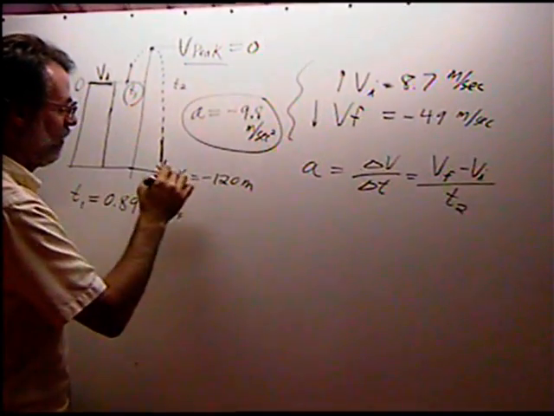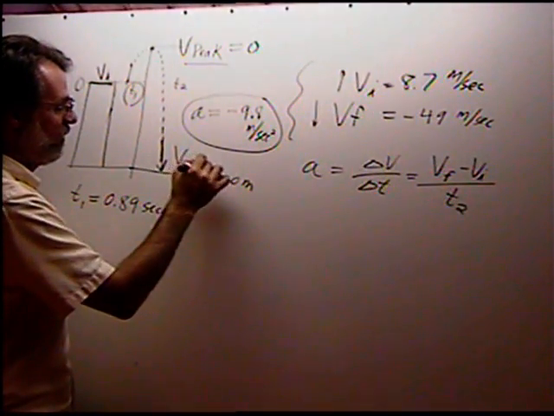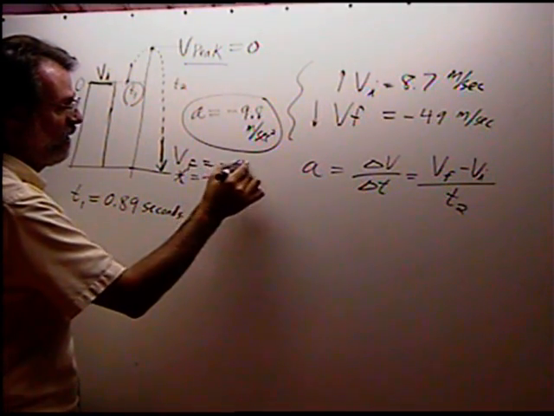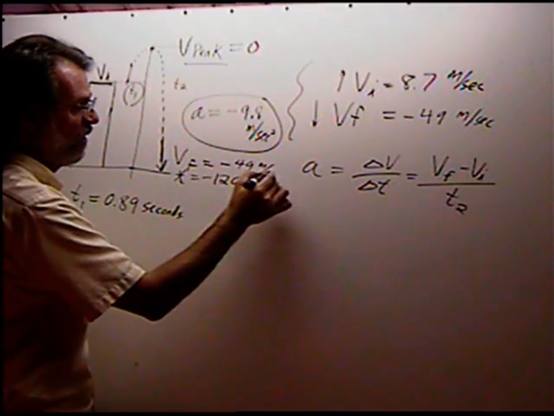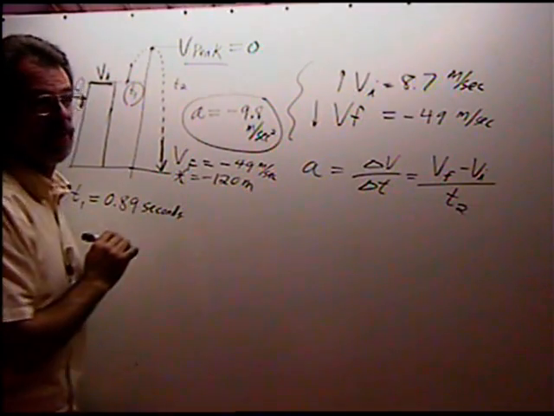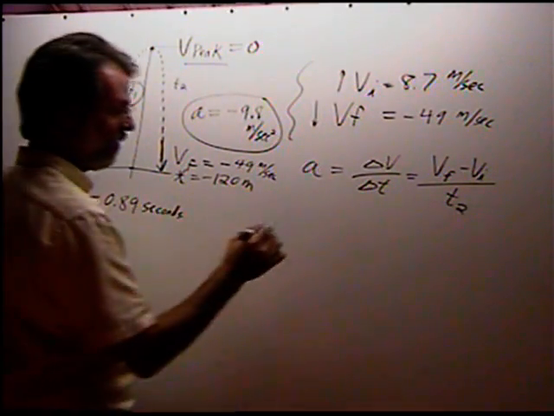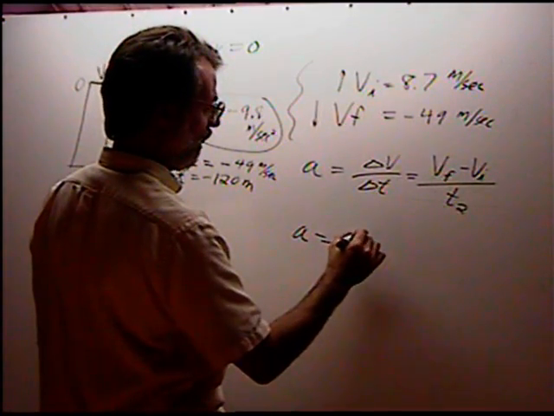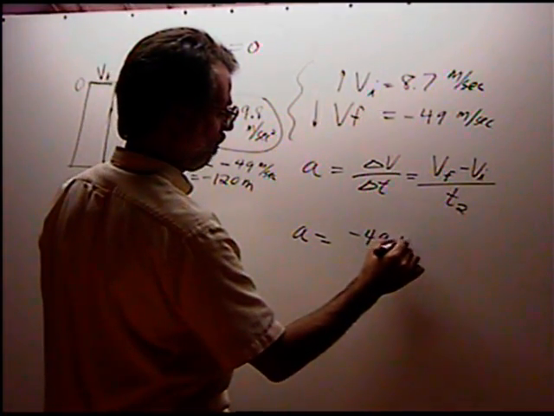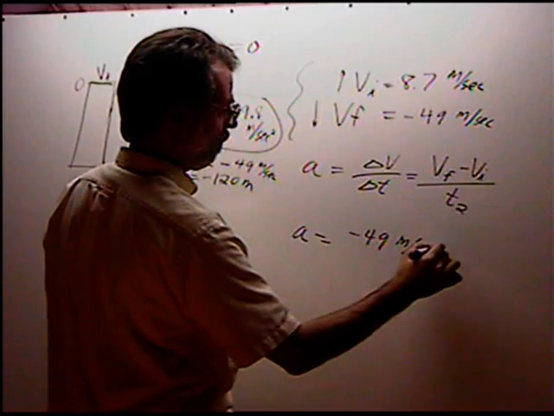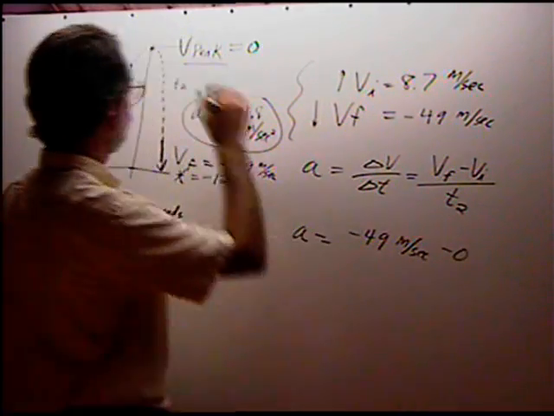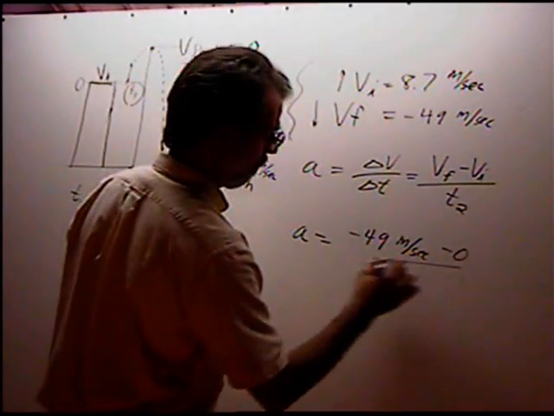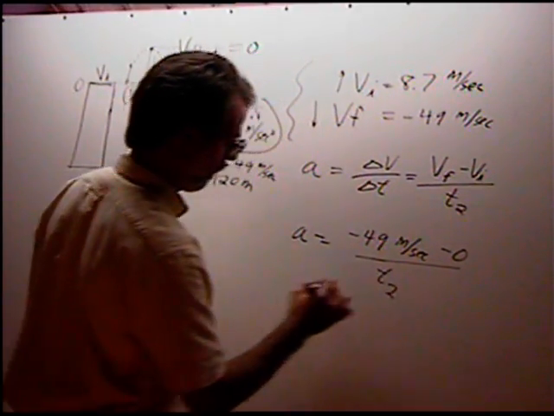And the final velocity down here is minus 49 meters per second. We solved for that before. So the acceleration is minus 49 meters per second minus 0, that's the initial velocity at the very peak, all divided by T2.